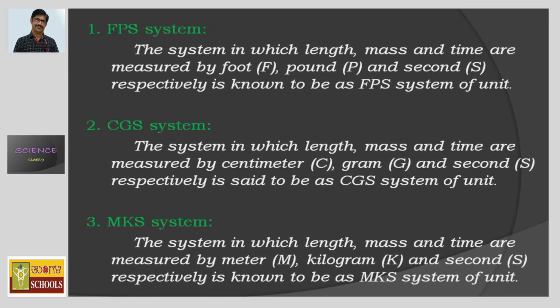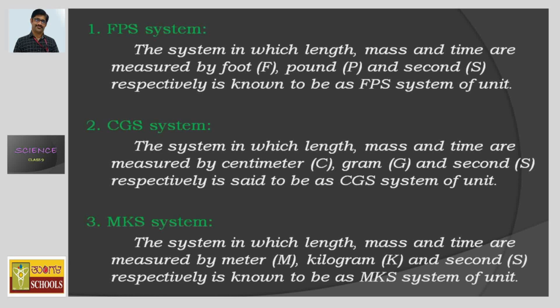Third one, the MKS system. M means meter, K means kilogram, S means second. The system in which length, mass and time are measured by meter, kilogram and second respectively is known as the MKS system of units.